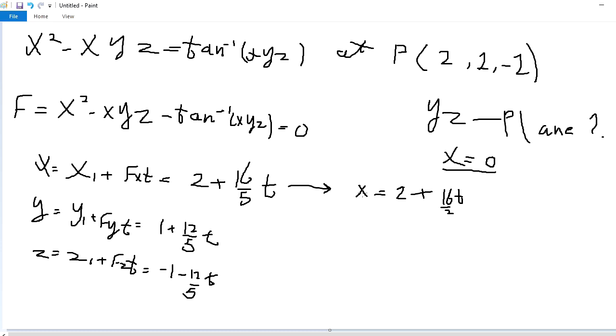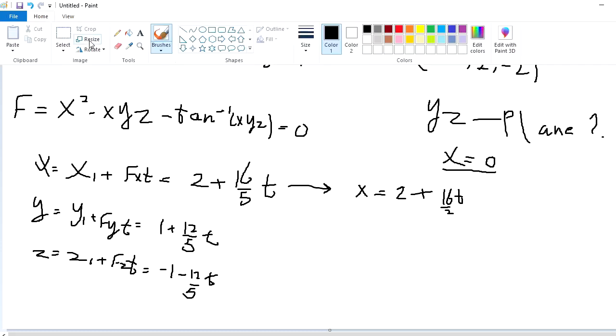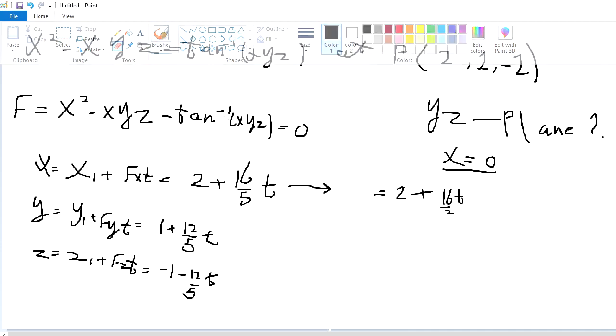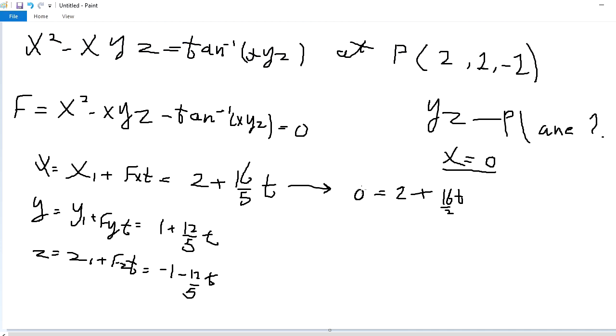Here I said that x is going to be 0. Then I'm moving the 2 to the left side, so it's going to be 16 over 5t equal to -2.